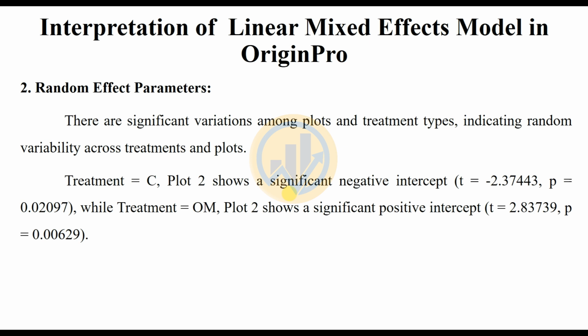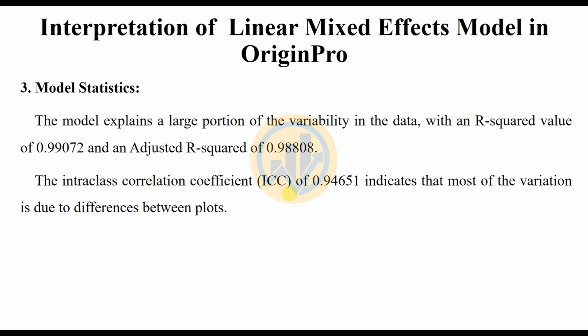The treatment C plant 2 shows a significant negative intercept, t is equal to minus 2.37443, p is equal to 0.02097, while the treatment OM, organic manure, plant 2 shows a significant positive intercept, t is equal to 2.83739, p is equal to 0.00629.